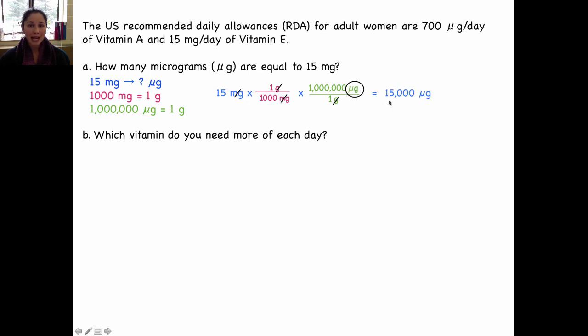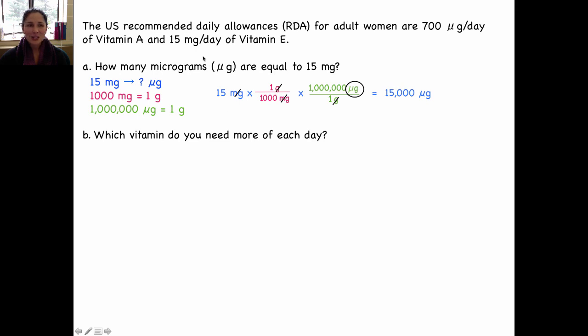And so when I write my answer in the correct number of significant figures, I will also write the correct units that I got when I was doing this dimensional analysis. So now I know the equivalent of 15 milligrams is 1,500 micrograms.